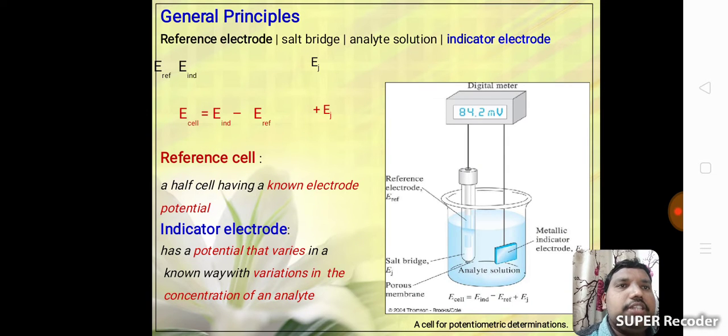See the general principle of potentiometry. Reference electrode, salt bridge, analyte solution, indicator electrode.